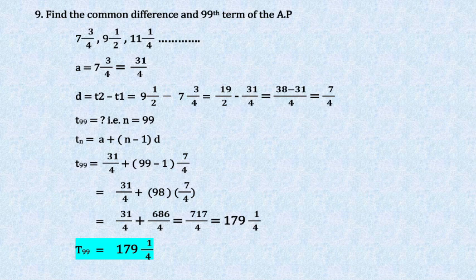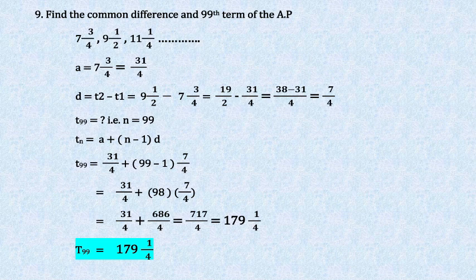Do the subtraction carefully, convert the fractions and take the proper LCM and do the subtraction to get the common difference. So T99 has to be calculated. In place of N, it should be substituted by the value 99. Consider the formula Tn is equal to A plus N minus 1 into D. T99 is equal to 31 by 4 plus 99 minus 1 into 7 by 4. 99 minus 1 is 98, into 7 by 4, that results in 686 by 4.